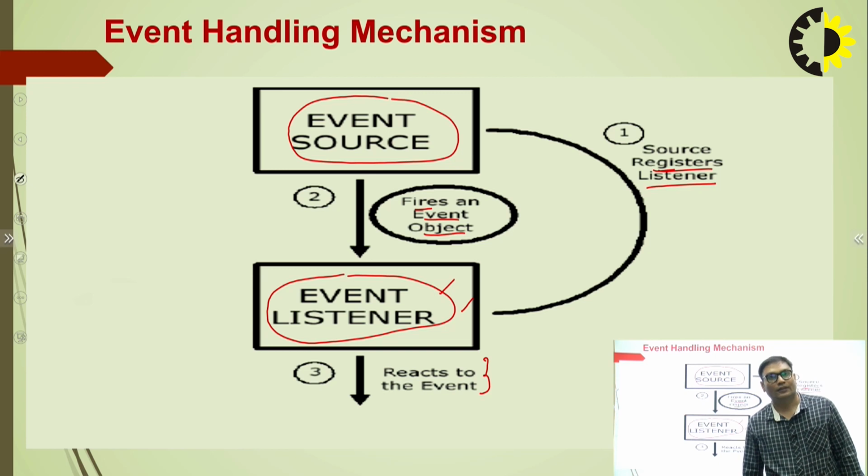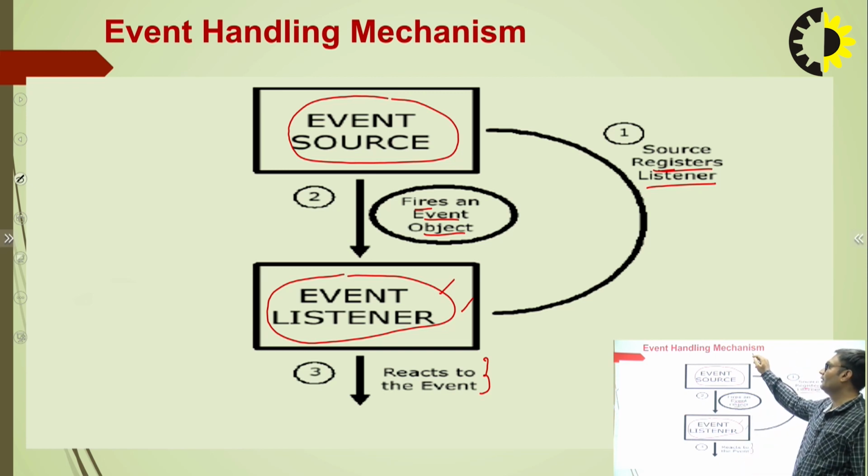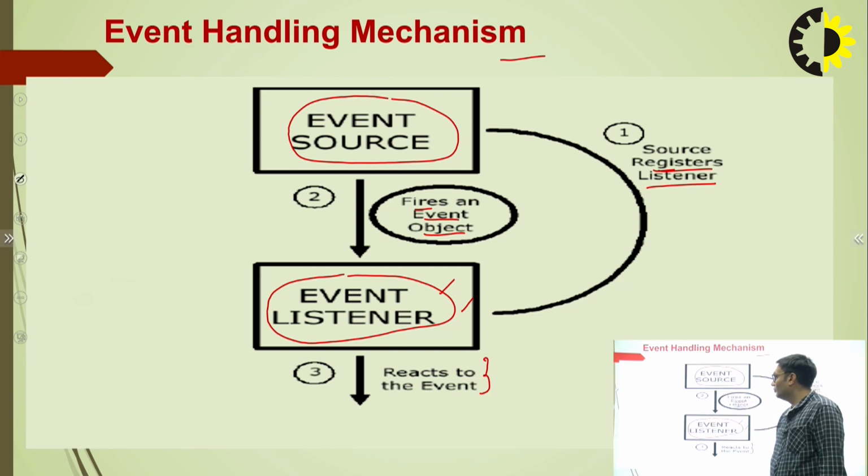So in this way, this event handling mechanism works. So first there is a source. The source will register the listener, then it will fire an object, and this object will be passed to the event listener class.